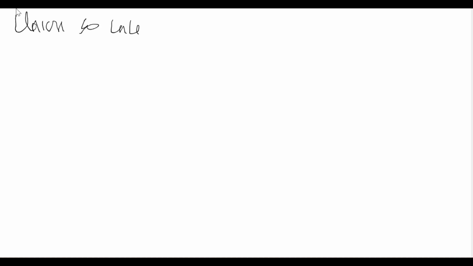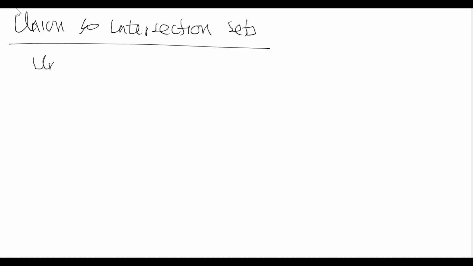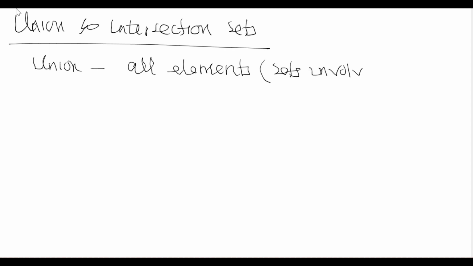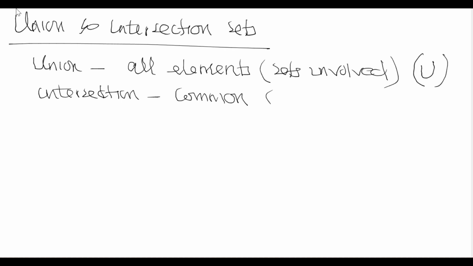Then we can do operations on sets. And the main ones are union and intersection. So union means that you put everything from all the sets involved together. So it's everything. Then intersection, you just get the common elements from all the sets involved.